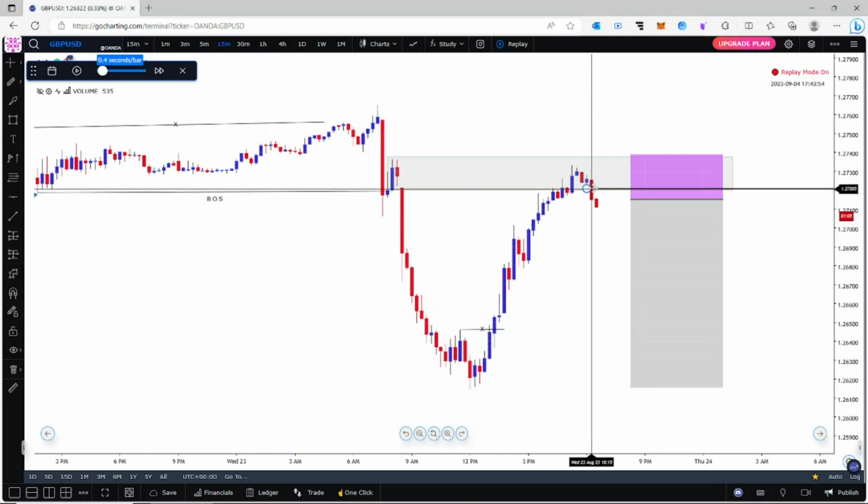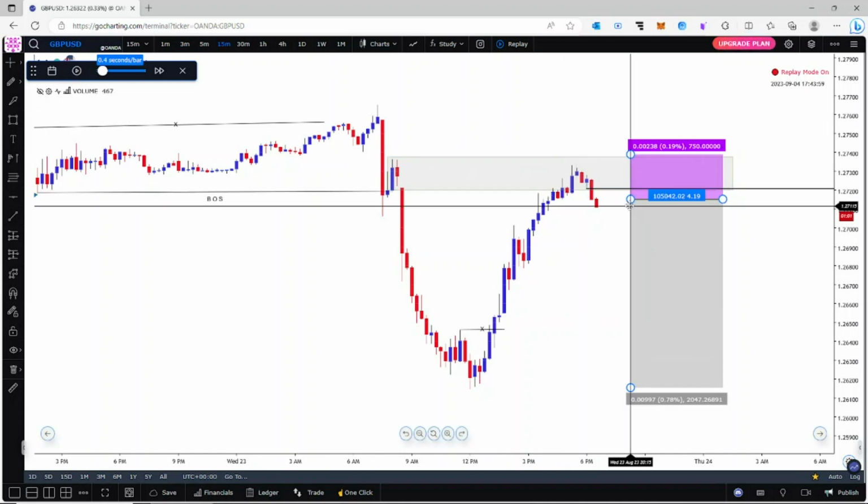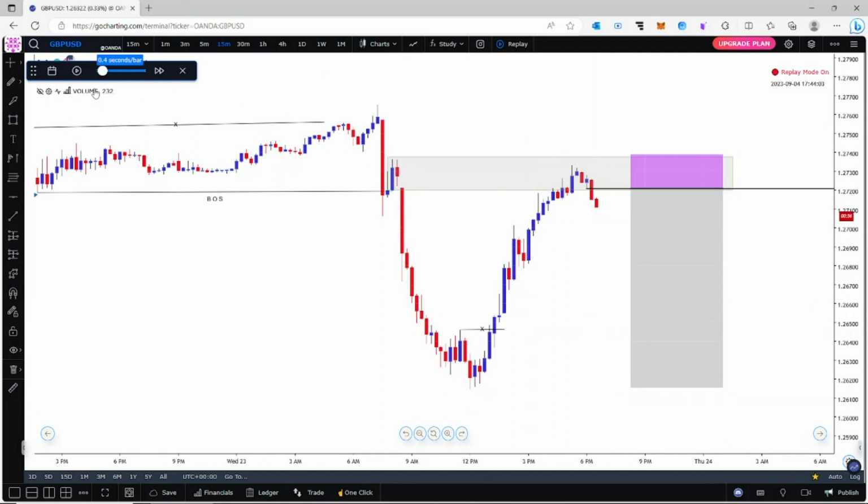Good. So let's see a pullback to this point here. Then we'll enter from there. So let me put this and see whether I'm going to get that. Yes, I think I took it, and that was exactly what I did.